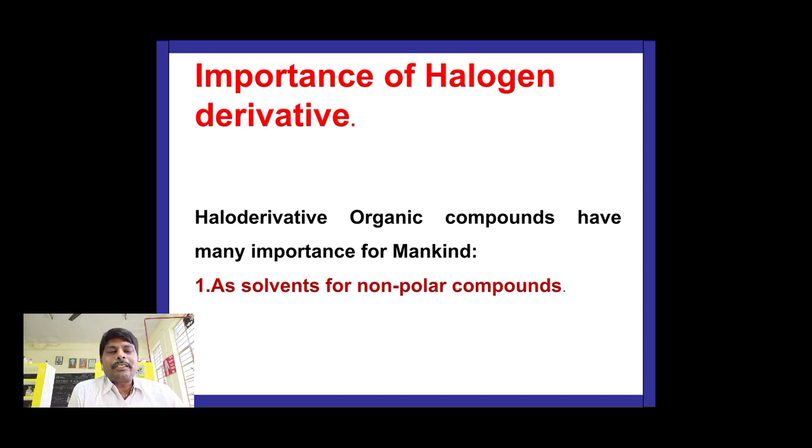Recently we are using sanitizers. Sanitizer is also one type of solvent made by mixing 2 or 3 substances. It is also a non-polar solvent which contains alcohol. Like alcohol, halo derivatives also act as solvents.